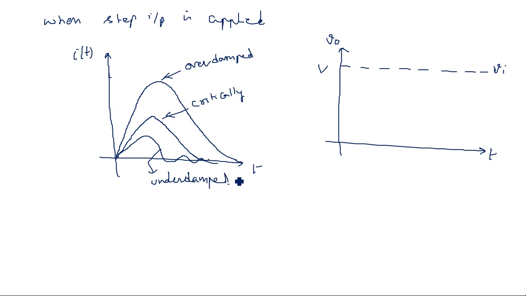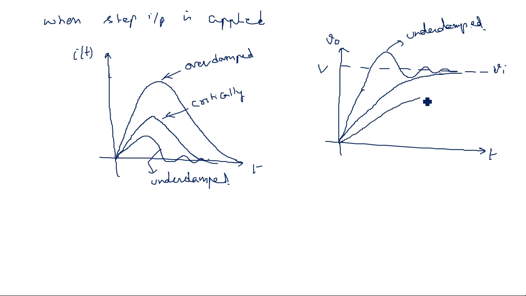Similarly, we can draw the output waveform also. Underdamped has oscillations and takes a long time to stabilize. This is underdamped. And now critically damped, and this is overdamped.